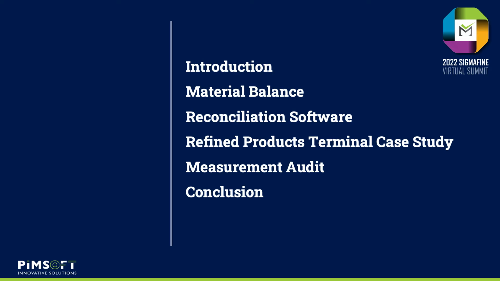Then we look at how Sigmafine's reconciliation models can be used to minimize material imbalance. Then we have a deep dive into a refined products terminal case study, followed by a description of how measurements can be audited. We then wrap up with some Q&A.